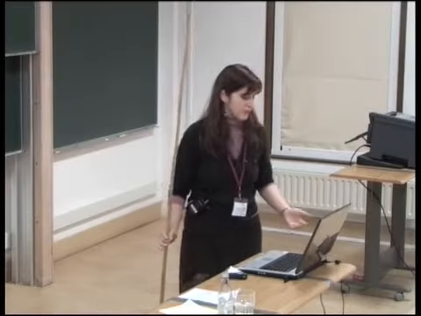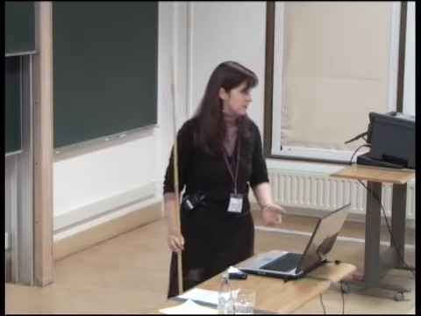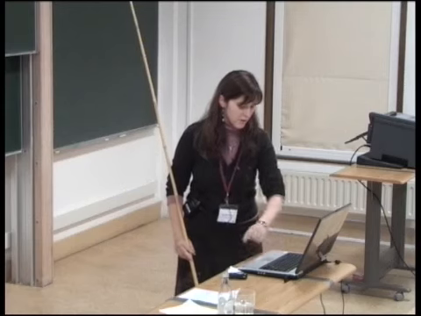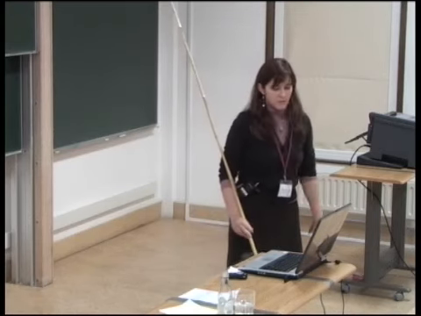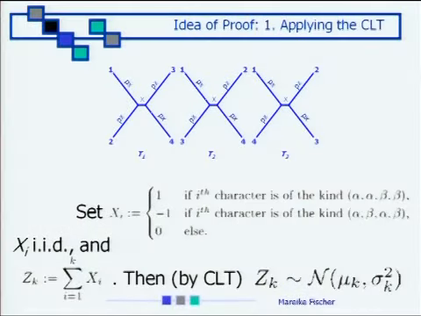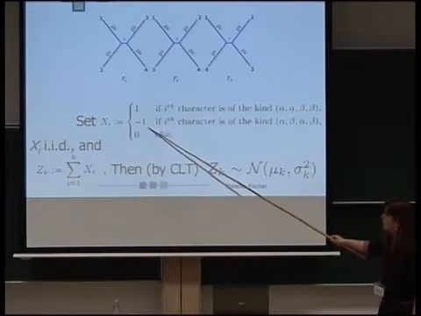And then, since this is a sum of independent and identically distributed random variables, we can apply the central limit theorem, which says that the random variable zk is approximately normally distributed. And what is the intuition behind all this? Well, look at this random variable zk. Basically, we are summing up 1s, -1s, and 0s.